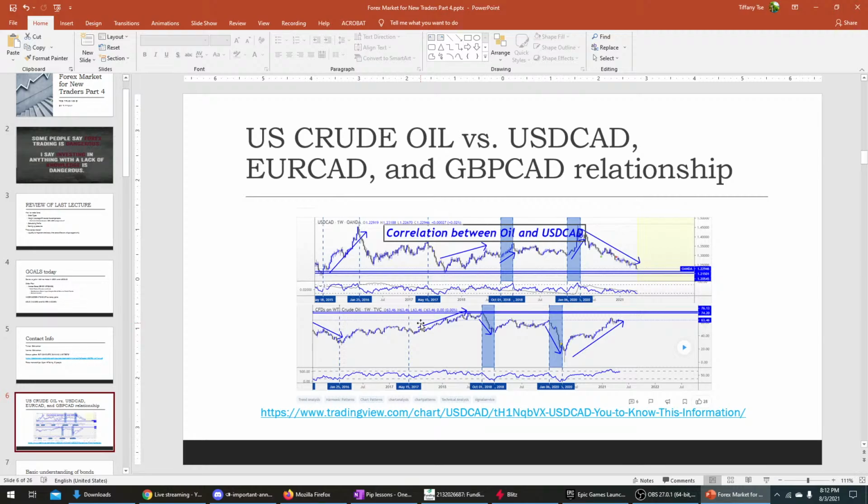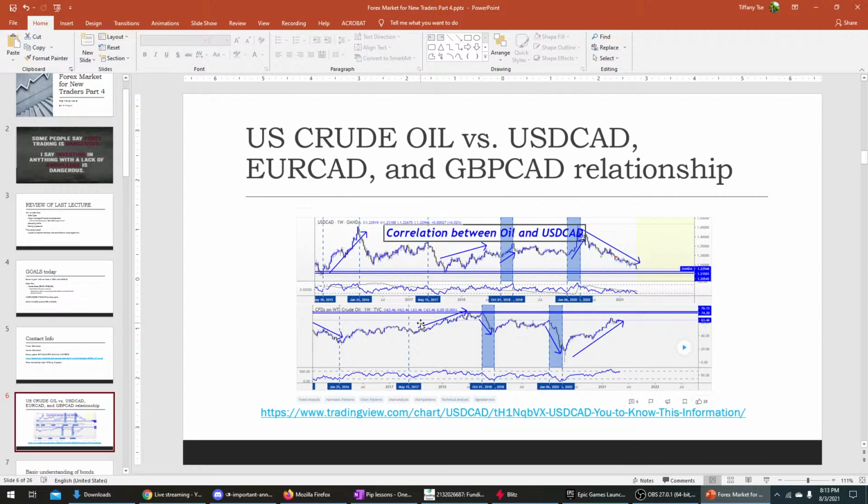The rule of thumb that I learned from Trader Nick and other people is that if you're touching one CAD pair, you're just touching the other pairs that are affected by this. So it's always good to not trade the same pair if you're trying to diversify your position sizes.